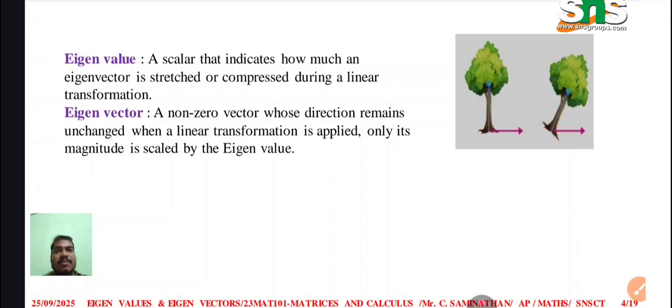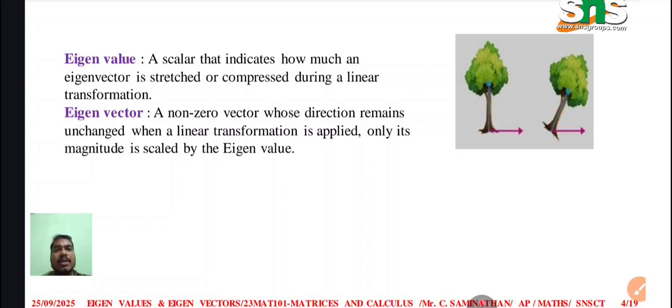The definition: an eigenvalue is a scalar that indicates how much an eigenvector is stretched or compressed during a linear transformation. An eigenvector is a non-zero vector whose direction remains unchanged when the linear transformation is applied.